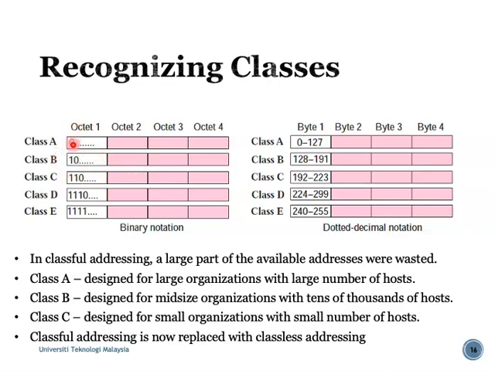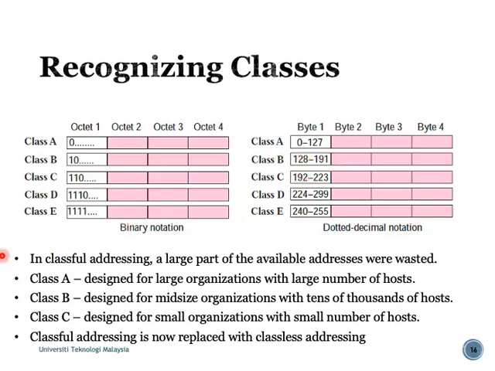Class A starts with 0, so in dotted decimal it runs from 0 up to 127. If you see any IPv4 address using classful addressing whose first byte is from 0 up to 127, you will know it belongs to class A. If it starts with 128 to 191, it belongs to class B, and so on.